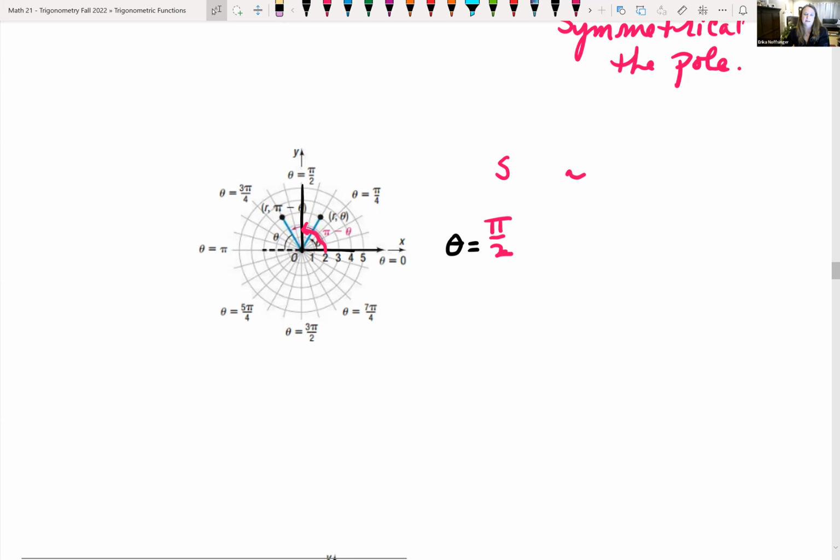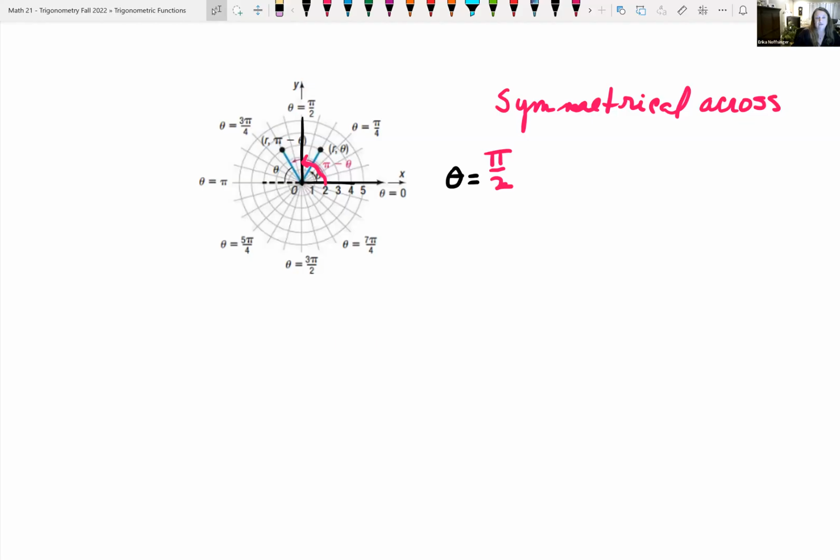Let me go back and write that down. So again, this is symmetrical across the line theta equals pi halves. So let's think about how we would get that. Notice right here, let's say that this angle from our polar axis, we're going up theta. To be symmetrical, it'd have to have the reference angle here of also theta. And so thinking about how I would get to that angle, we would have to look at pi minus theta.